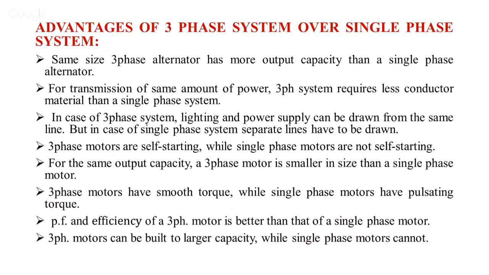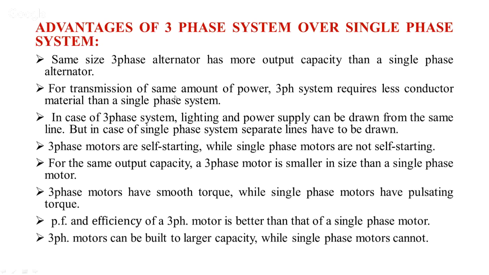Let us discuss the advantages of three-phase system over single-phase system. For the same size, a three-phase alternator has more output capacity than a single-phase alternator. So naturally, when you are using three-phase, the output capacity of the alternator is enhanced.